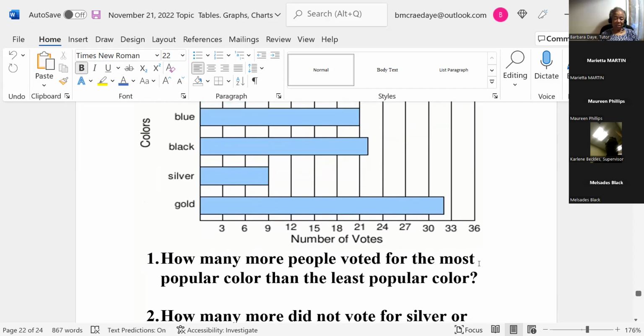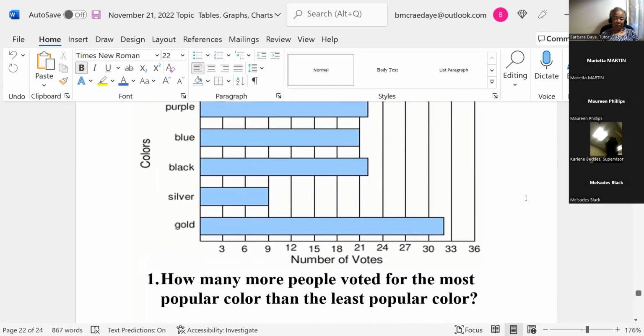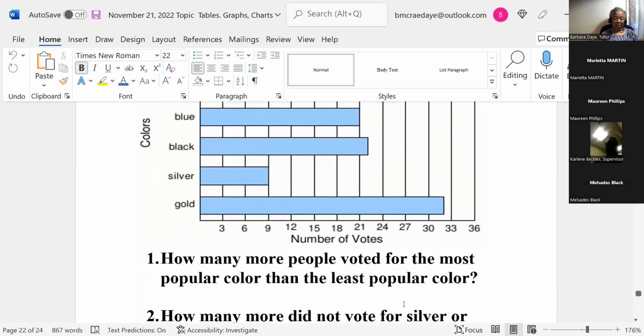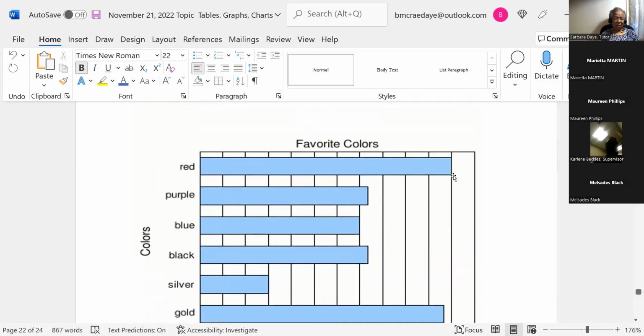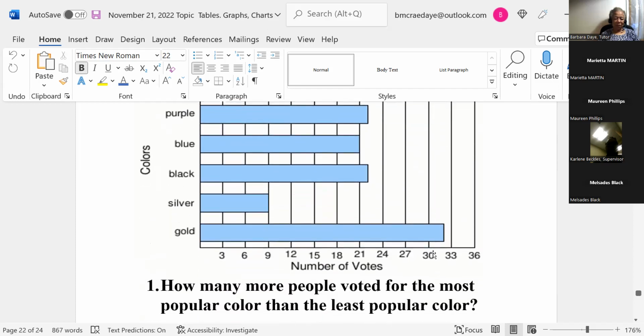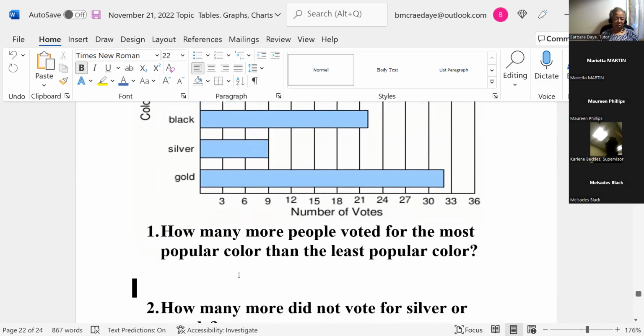That's a subtraction of something. You gotta read these carefully, right? Nine from 33. So the most popular color was red, 33. The least was silver at 9. So you're right, Maureen.